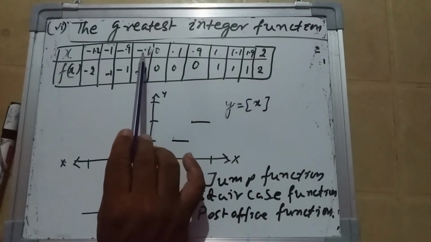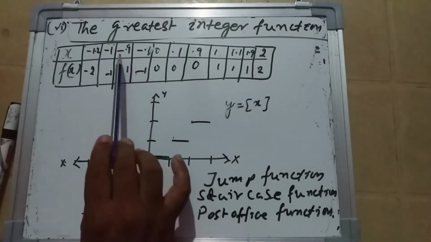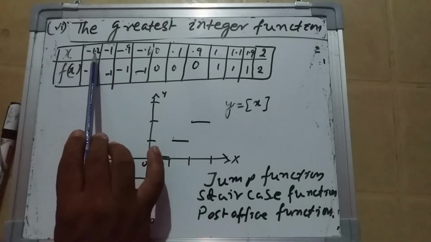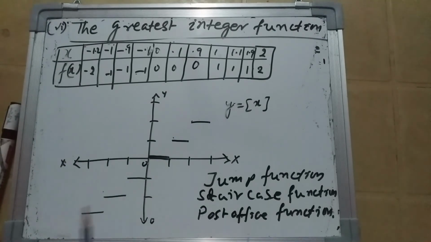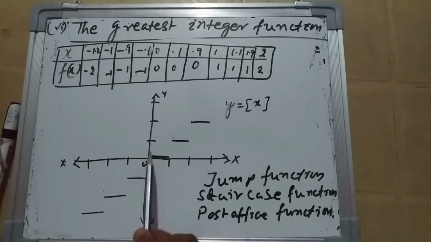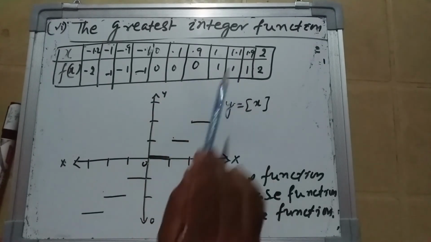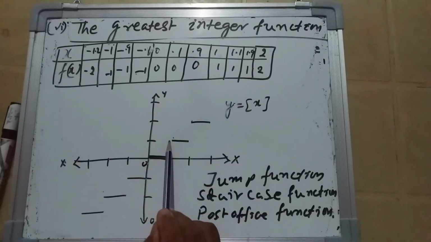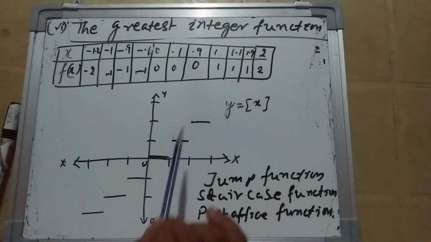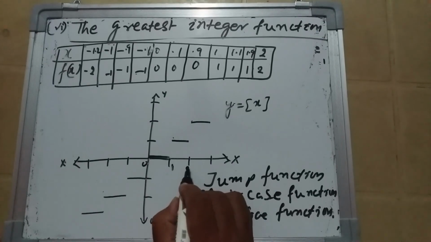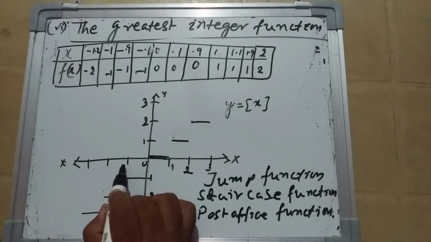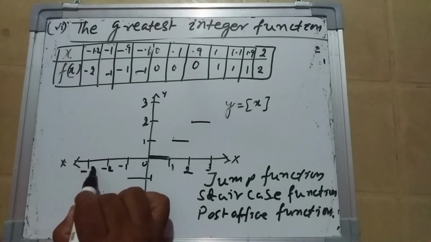Similarly minus 0.1, minus 1; minus 0.9, minus 1; minus 1, minus 1; minus 1.2, minus 2. In this way we draw the graph.